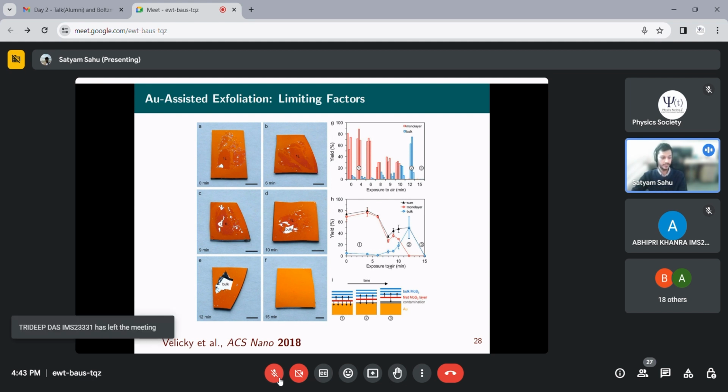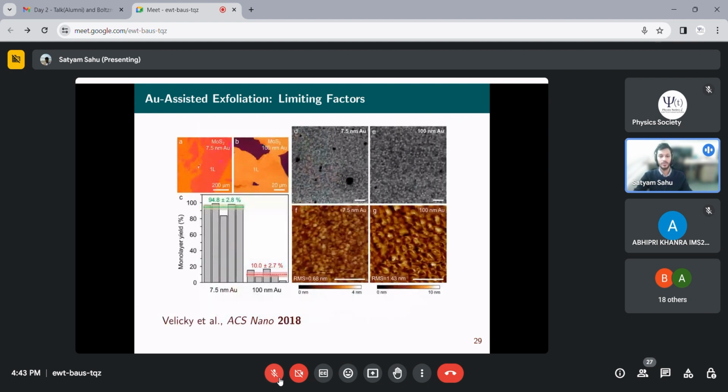Now the another factor that affects the yield is the roughness of the metal. So when you try to deposit metal, depending on what machinery you are using, what technique you are using, the roughness of the metal could be different, and as a result of which the yields for the different deposition techniques would be different.